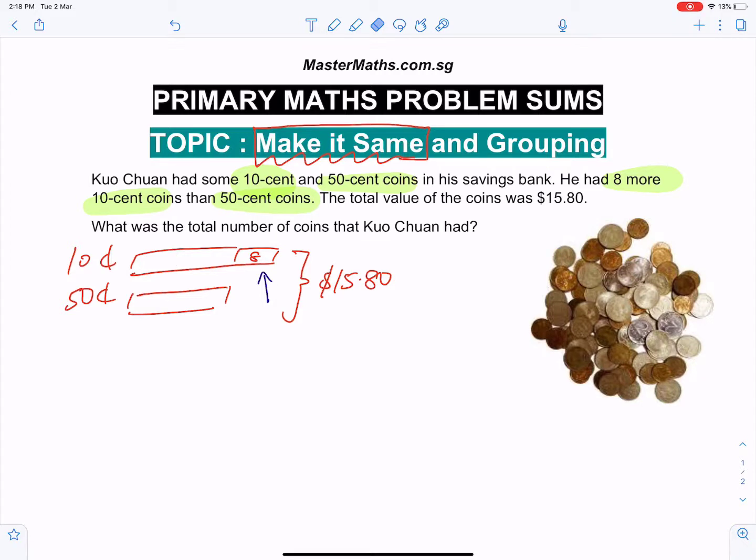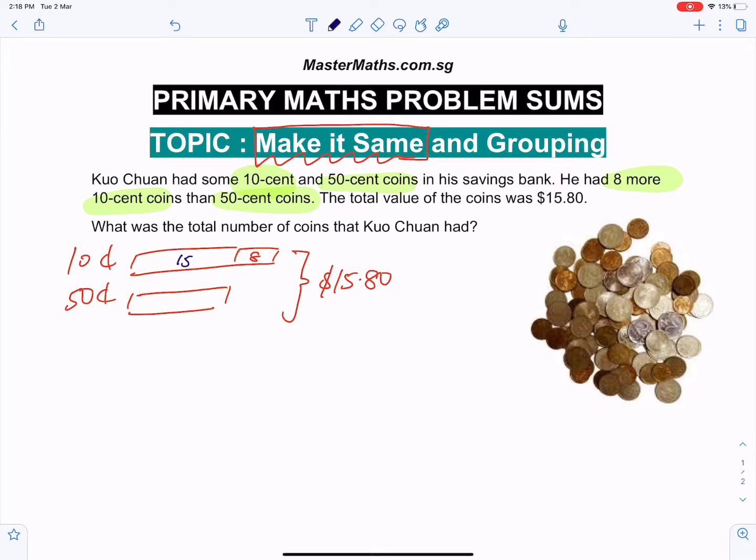To do this, we need to make use of the fact that these two sections are the same. If this is 1 unit here, over here will also be 1 unit of coins. We don't know exactly how many. We're not sure whether this is 15 or not.